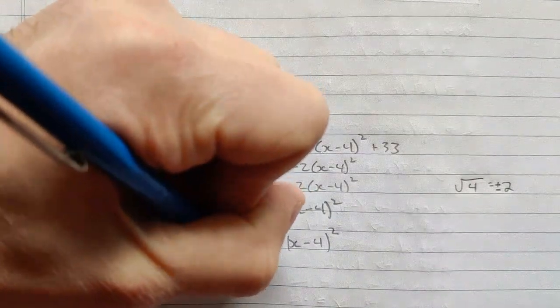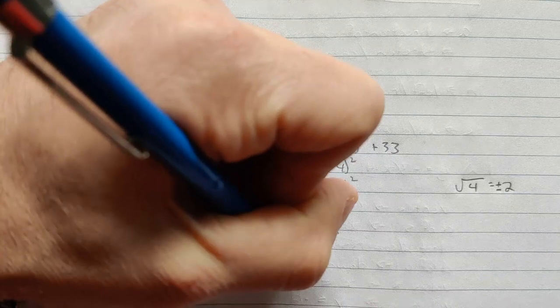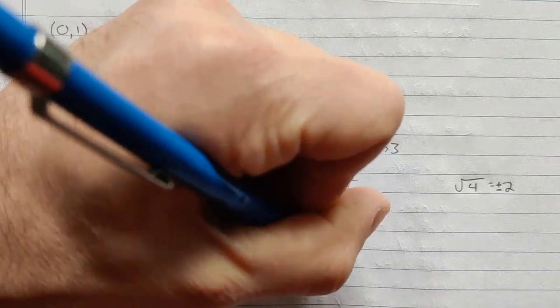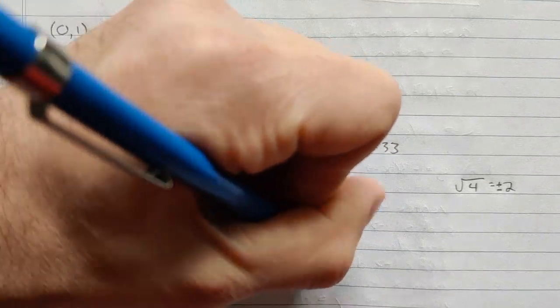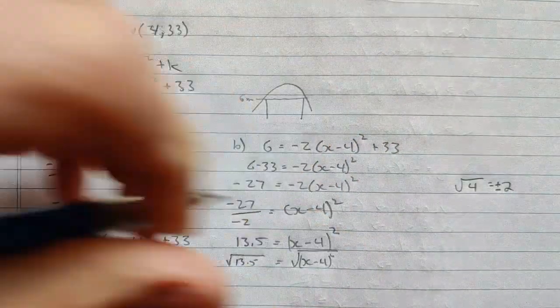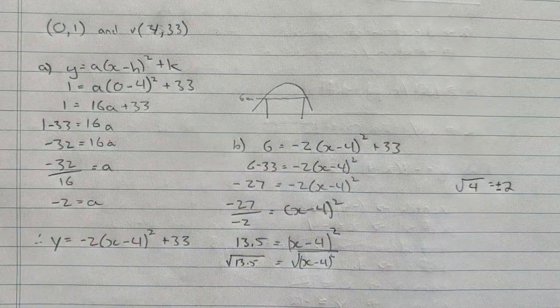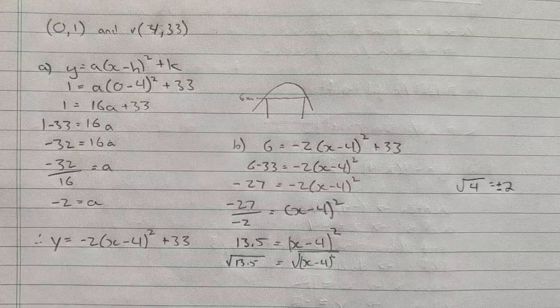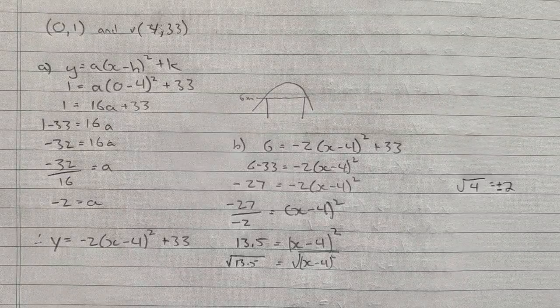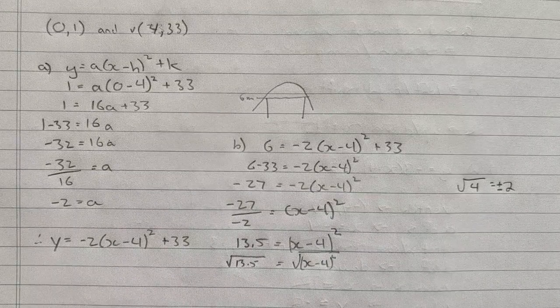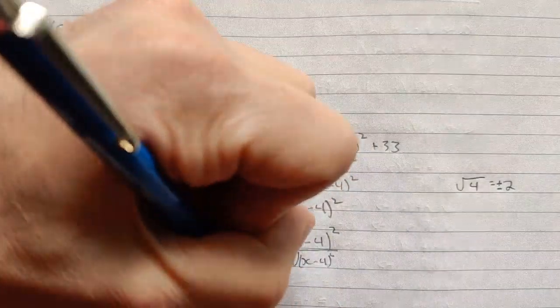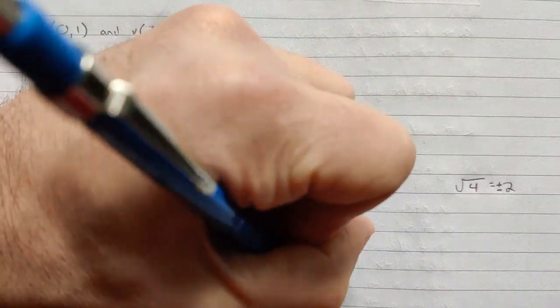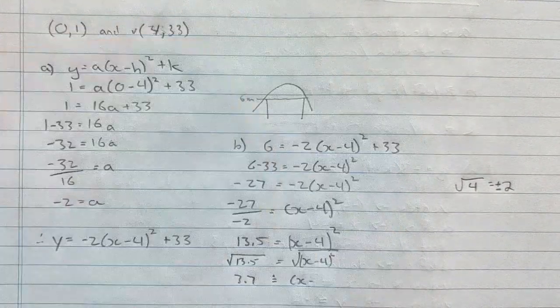So in this case, when we take our square roots, the square root of 13.5 and the square root of (x minus 4) squared, the square root of 13.5 is approximately 3.7. That's approximately x minus 4.